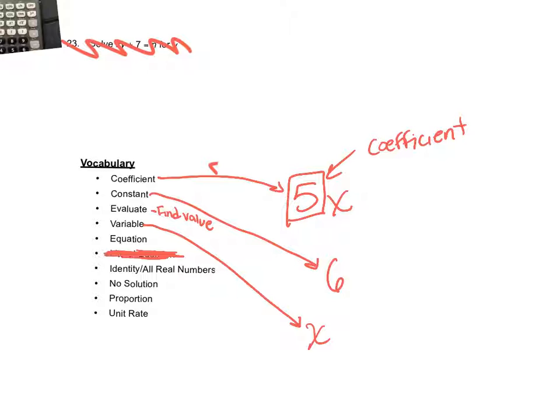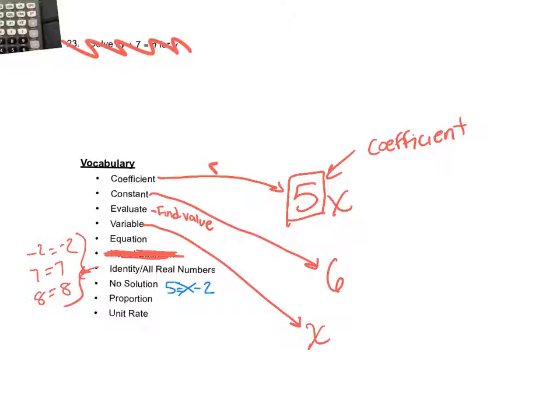Identity are all real numbers. Remember that what that means is when you get something like 7 equals 7 or 8 equals 8 or -2 equals -2, that's identity. As opposed to no solution, which is when you solve it and you get a false statement like 5 is equal to -2.